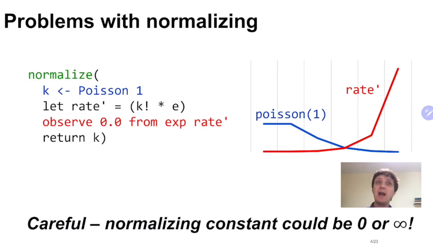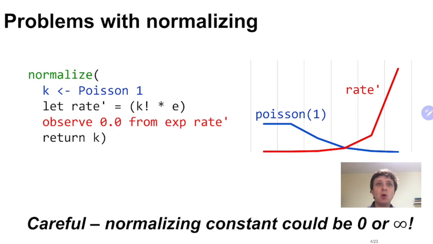So again, I'll draw a k from a Poisson distribution. I've drawn the density for the Poisson distribution over here. It's a distribution over positive natural numbers, so it has this kind of shape. And then I let the rate, I've chosen this very, very carefully, be k factorial times e. And then I observe 0 coming from an exponential distribution with that rate.